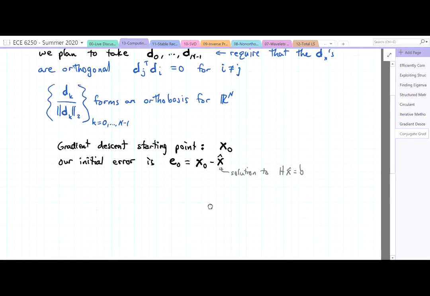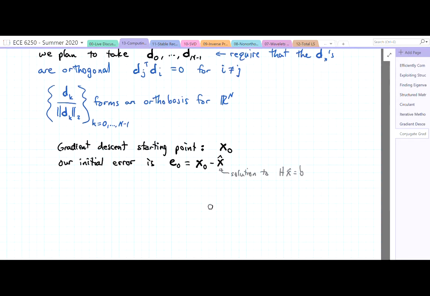Since we have formed this kind of arbitrary basis based on our step directions, we can go ahead and expand our error in terms of that.